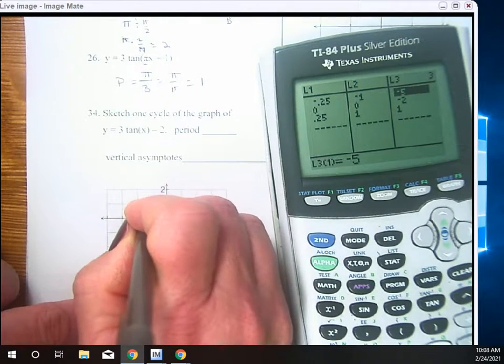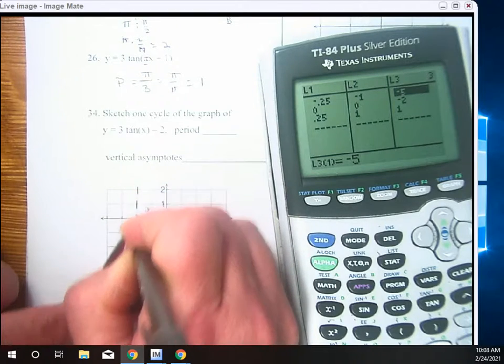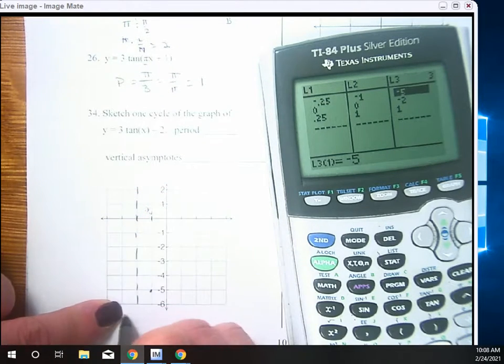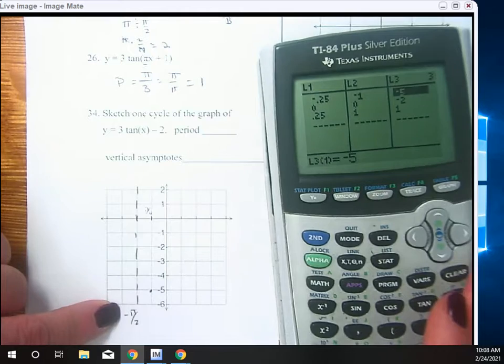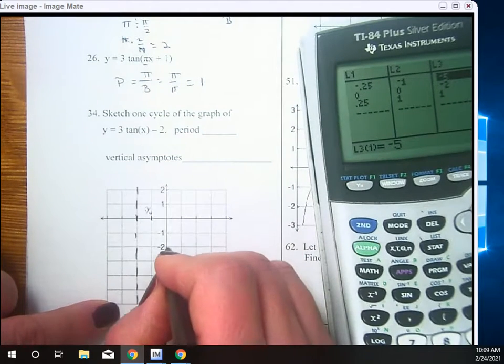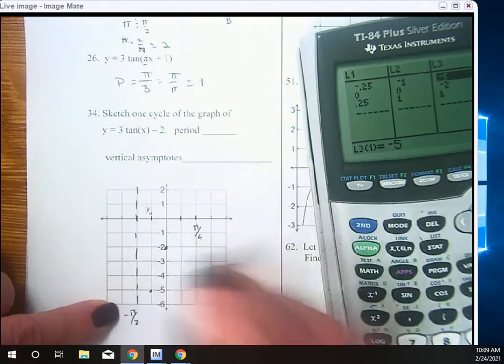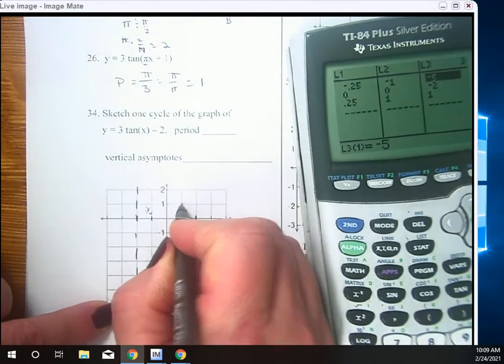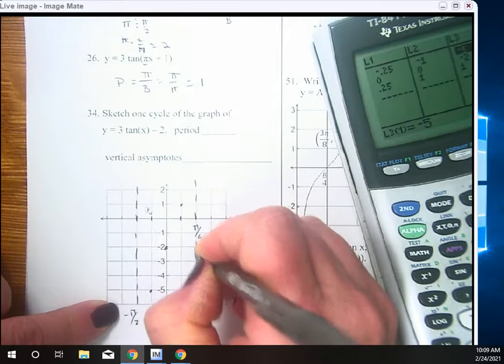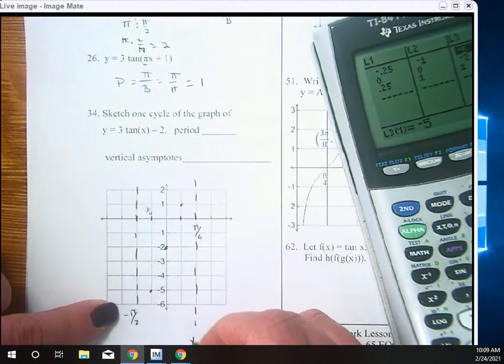And the negative pi over 4, I'm going to do my asymptotes. So negative pi over 2. At 0, I'm at the negative 2. And at pi over 4, I'm at 1. And I'm going to draw in my vertical asymptotes. And I'm just freehanding these.